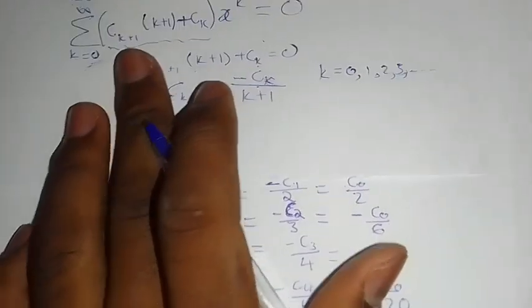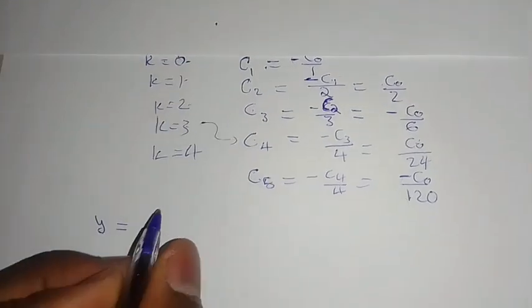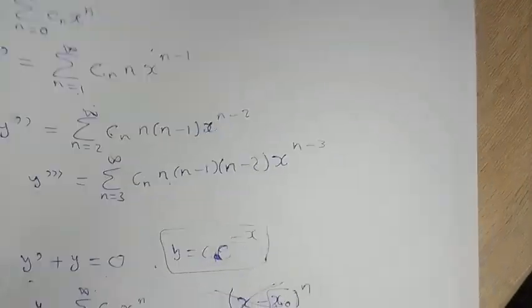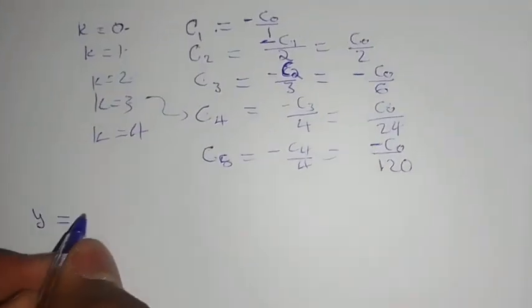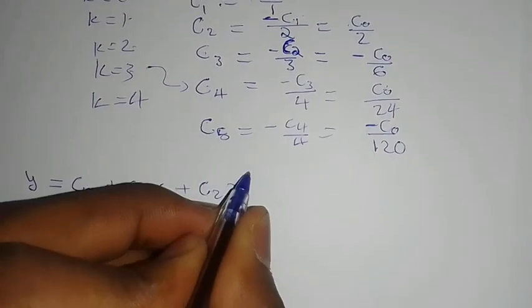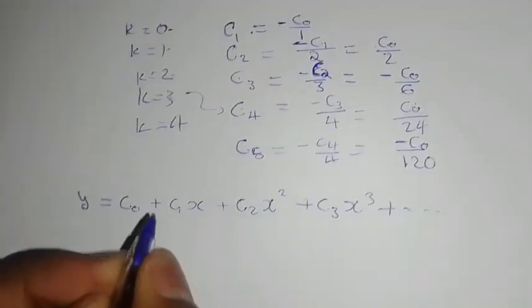So this means that the solution y equals, remember, our substitution here was that y equals the sum of c_n x to the power of n. If you expand that summation, you basically just have c0 plus c1 x plus c2 x squared plus c3 x cubed plus continuing like that.